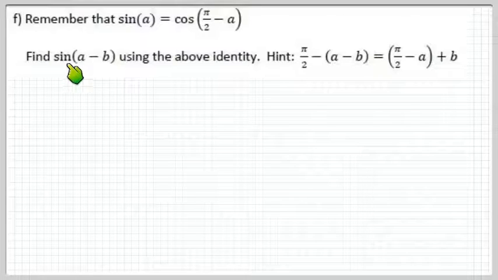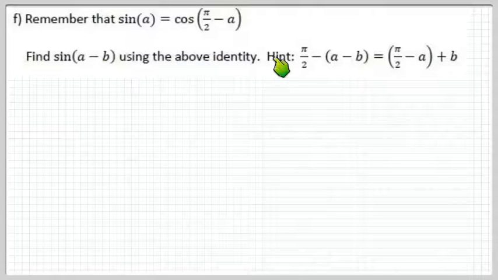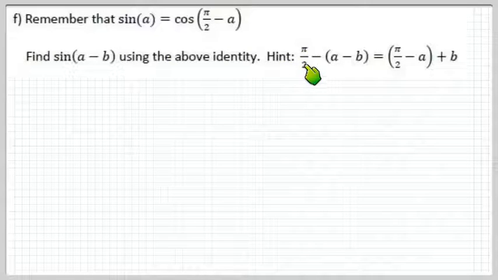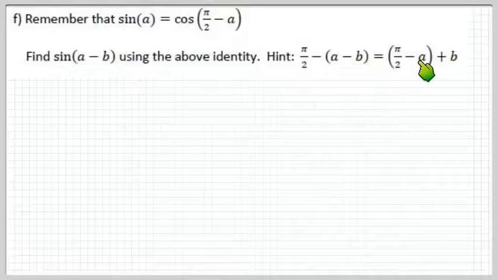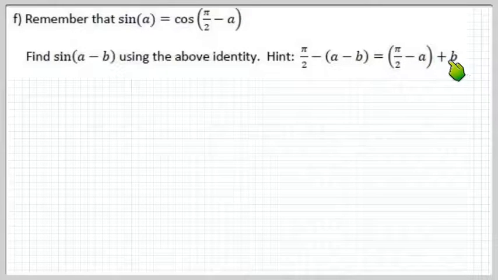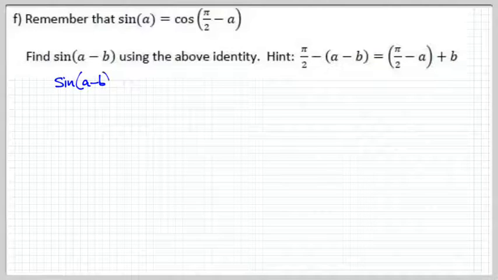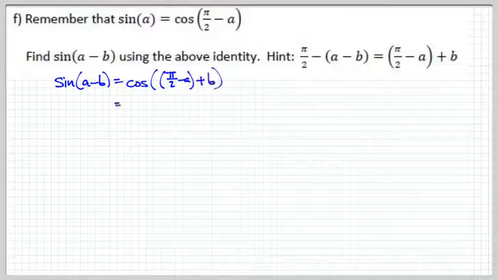So to figure out sine of A minus B, we say that the complement is pi over 2 minus the quantity A minus B, and we're going to rewrite it as pi over 2 minus A, and then plus B instead. You'll see why we want to do that in just a second.